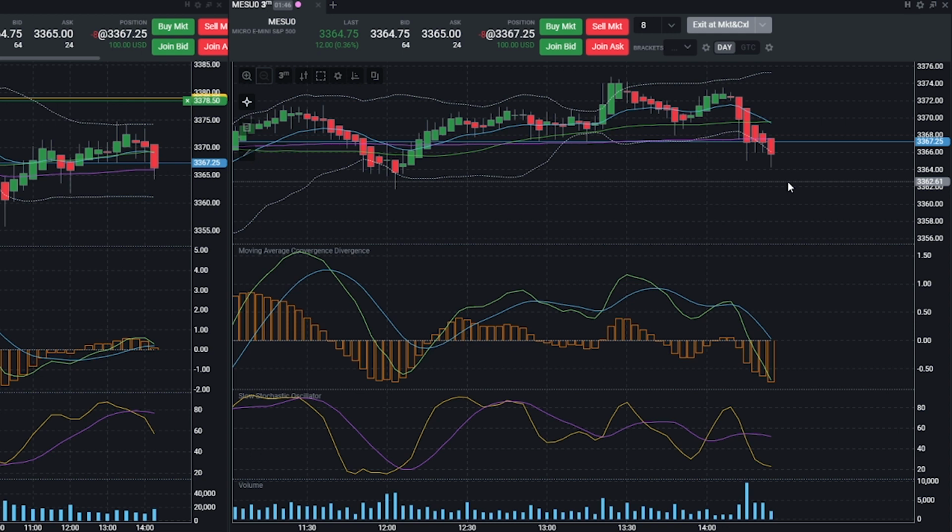For more confirmation, we would want to see EMA crossing through VWAP, which is this purple line. You can also have that if you're in a longer time hold of a trade. You'll also get that on the 15 over time.